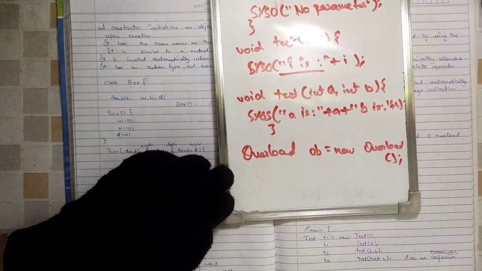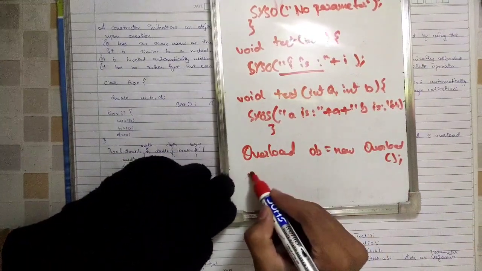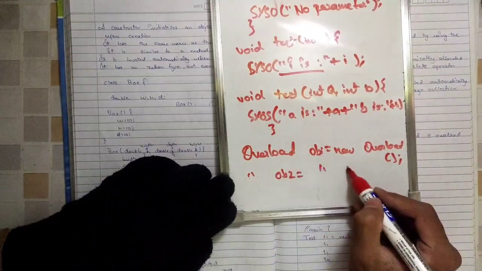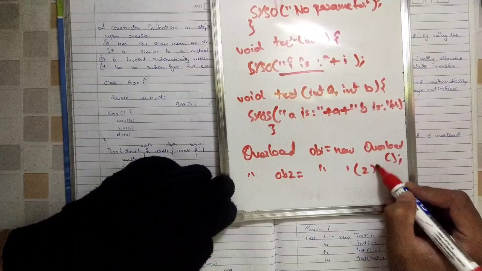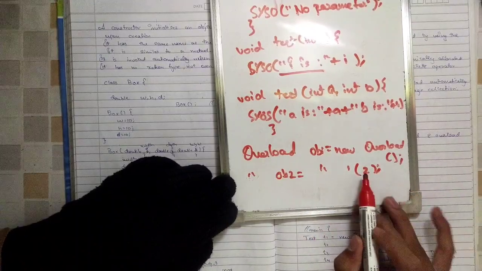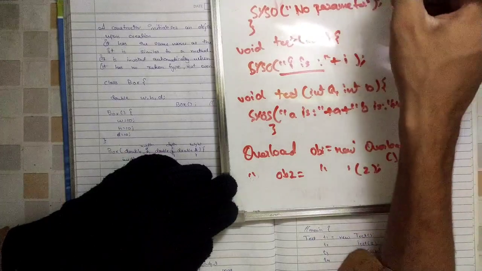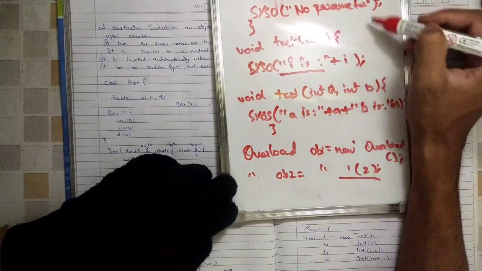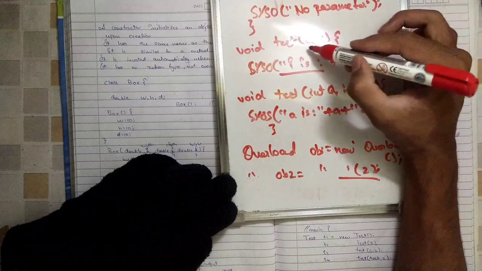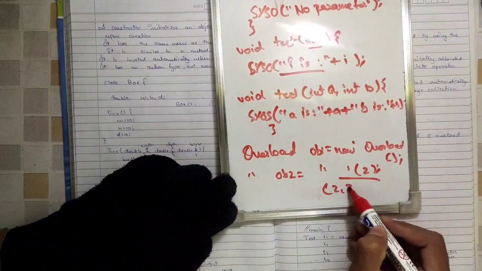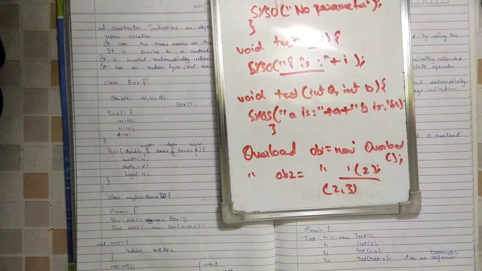Now I will create another the same way, ob1 equals the same thing, and in the brackets I will write only 2. So the first call will invoke the first method, and this one will invoke the second method, with only one parameter. Now if I pass more than one, 2, 3, it will call the third one.